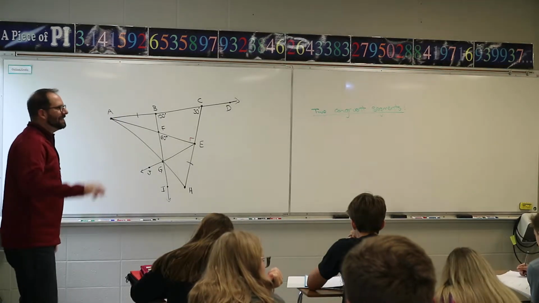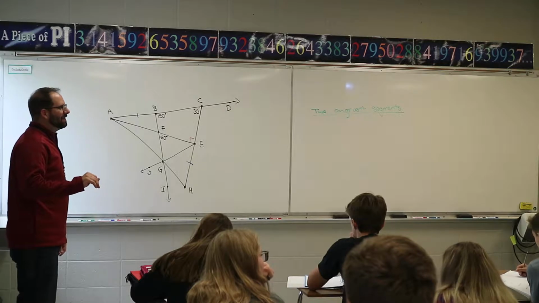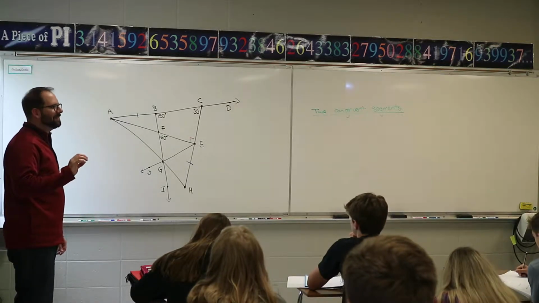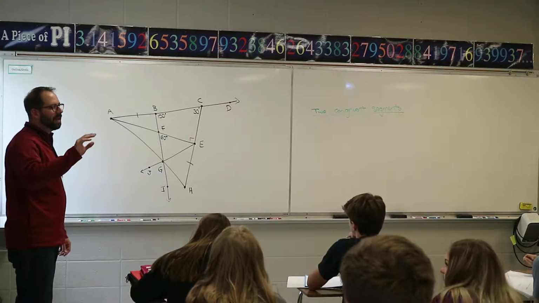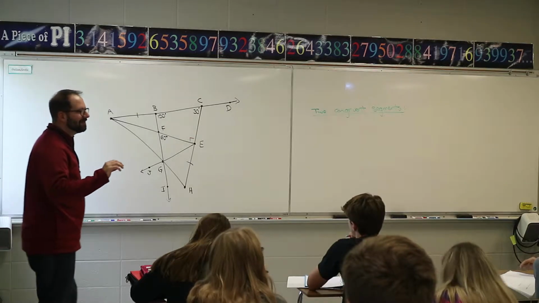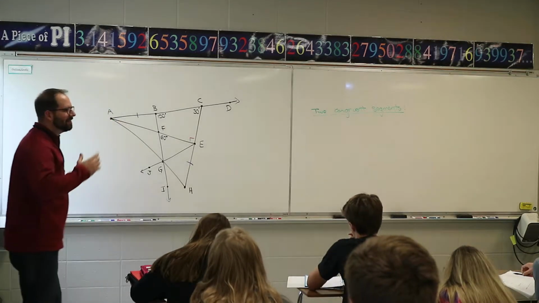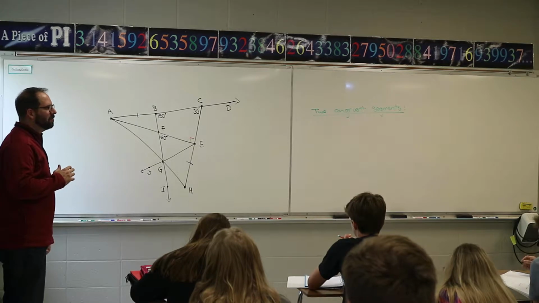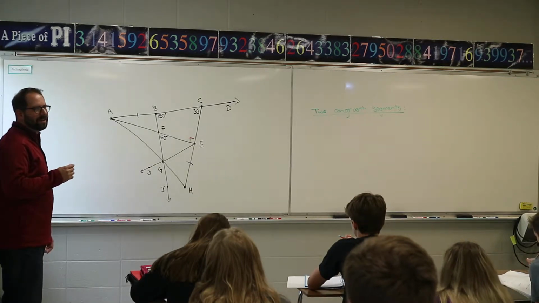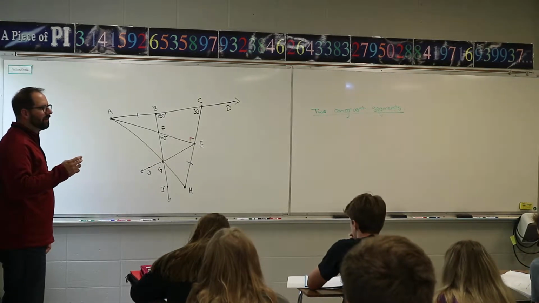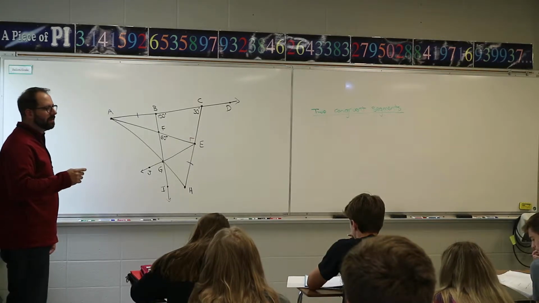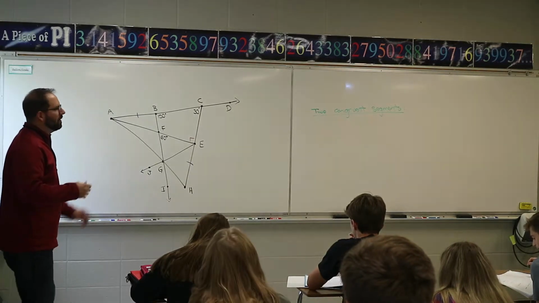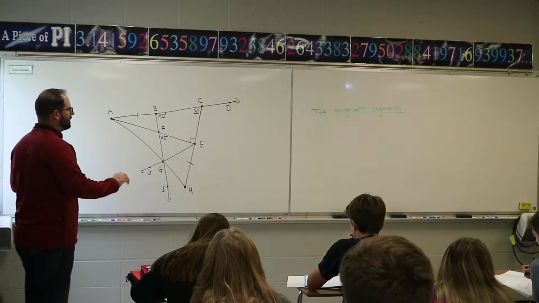No. Somebody else. What is a segment? A line segment. We're too bashful today. A line segment. Does a line segment have arrows? No. Okay, they start and stop, right? There's 2 endpoints, the stick between.